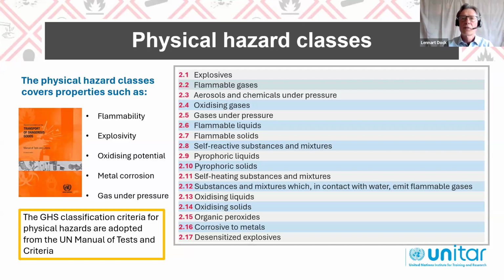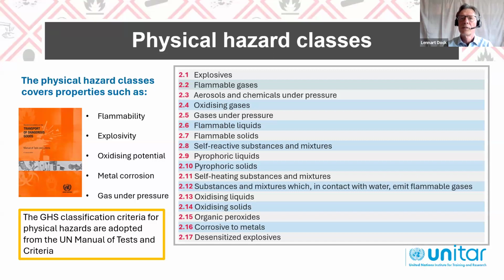I should mention also that the hazard criteria are applicable both to substances and mixtures. There is a difference between classifying mixtures for health and environmental hazards, because there you need to know the ingredient substances of a mixture and the concentration in order to classify the mixture. You do not test the mixture itself. But for physical hazards, you need to test the mixture, because you can have a flammable chemical and an oxidizing chemical, and if you mix them, you will create an explosive mixture.